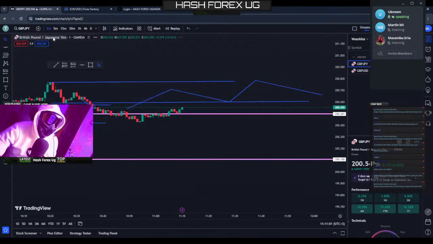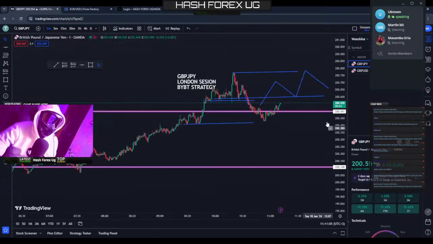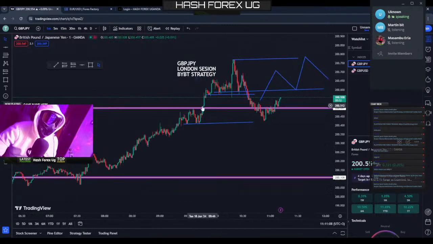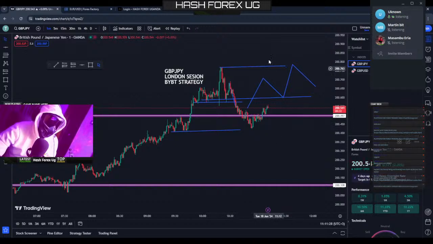But if you come to our time frame of entry, the structure has been violated because the market broke the lows. So we are not looking for any more buys until it breaks these and makes new highs. Then that's when we shall look for more buys on GJ.